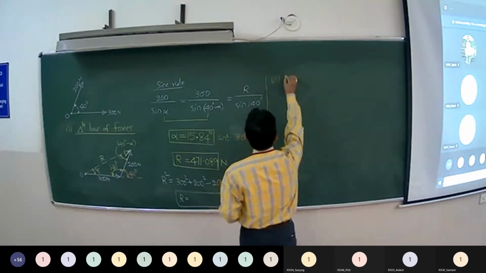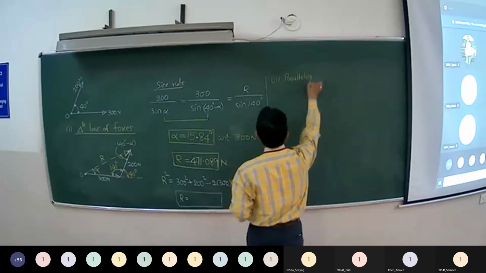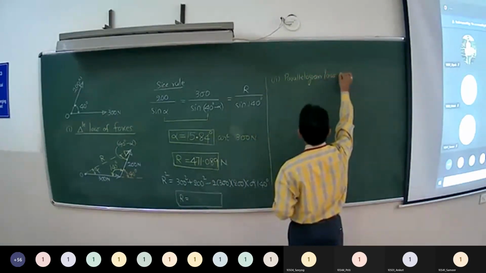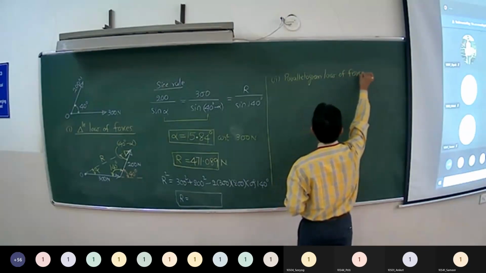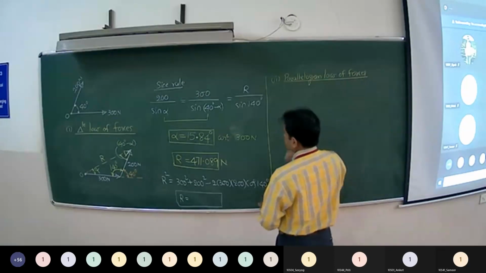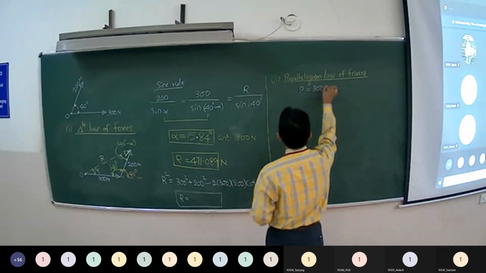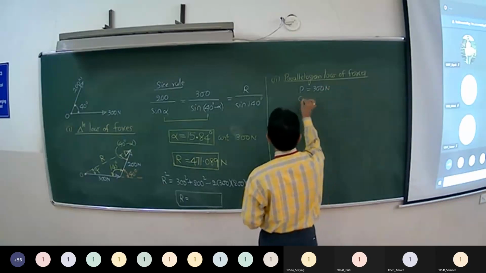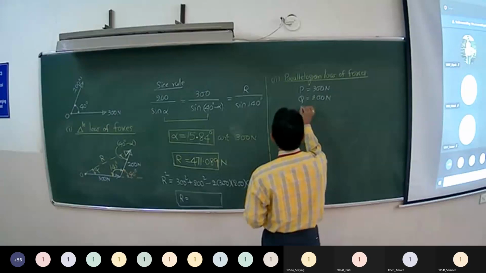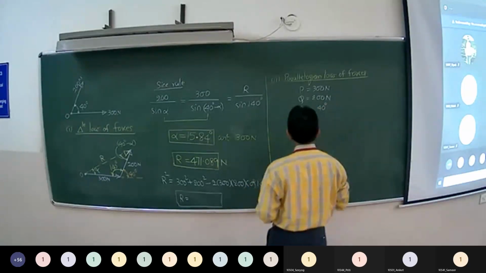Then we use parallelogram law of forces. So I am considering 300 Newton as force P, 200 Newton as force Q, angle between them is theta, that is 40.